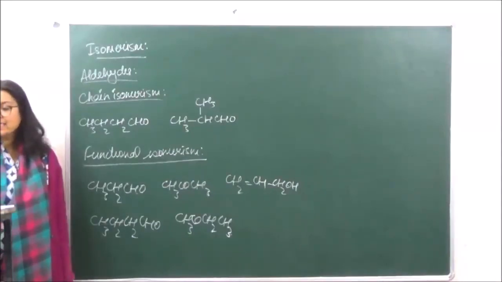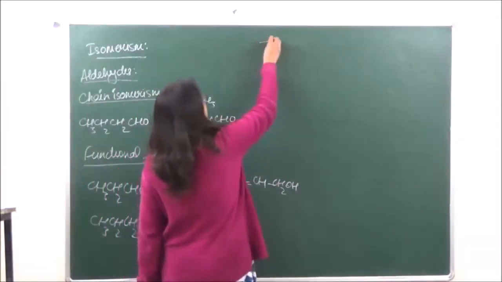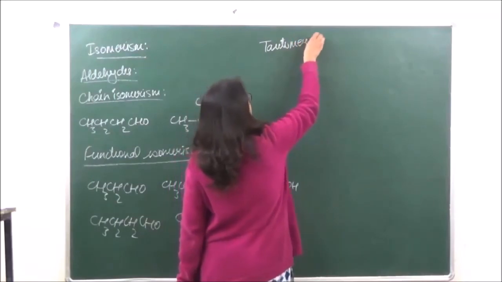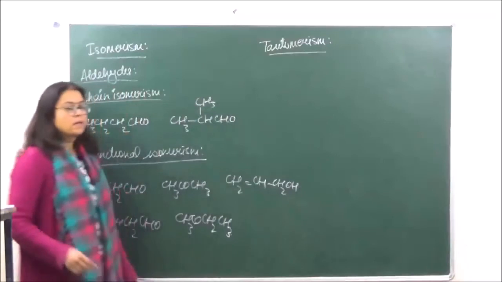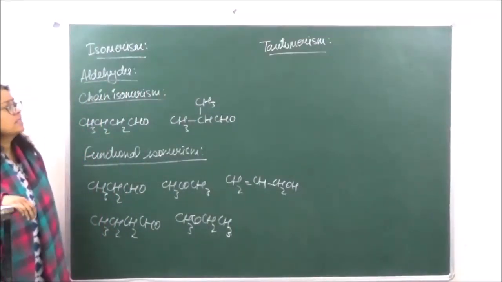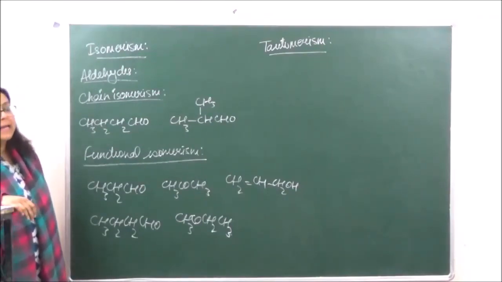Okay. Then the next type of isomerism which it shows is tautomerism. Tautomerism. I have already told you what tautomerism is. It is the simultaneous shifting of hydrogen and the pi electron cloud.